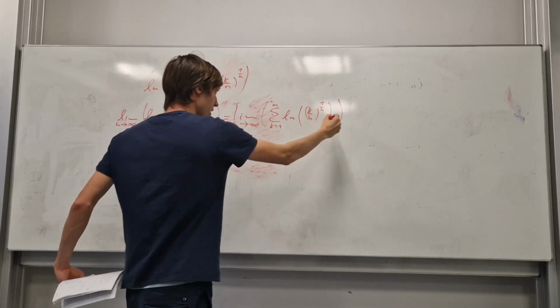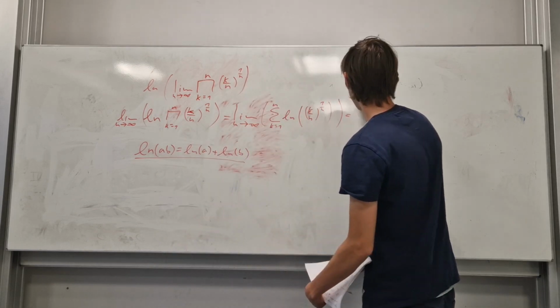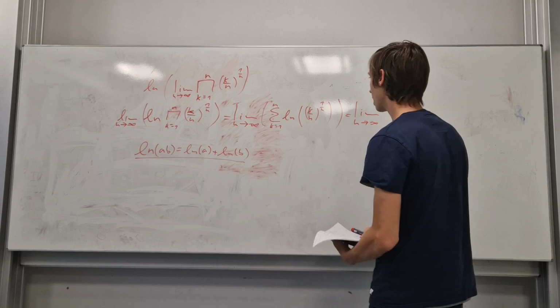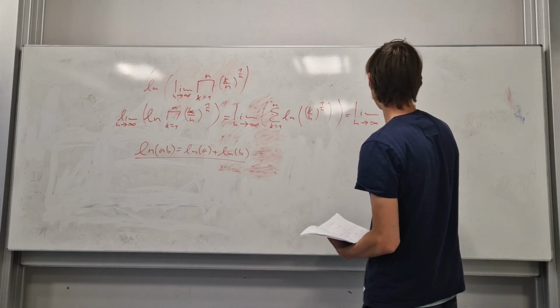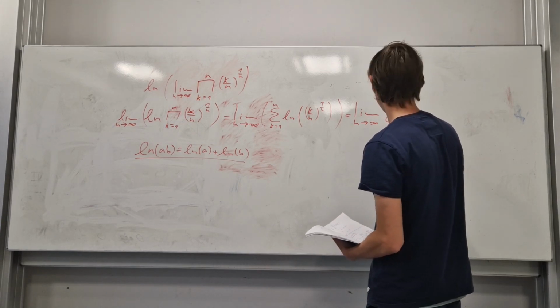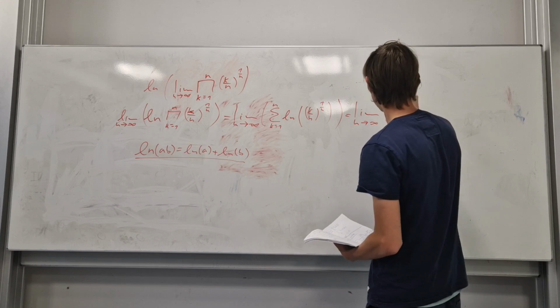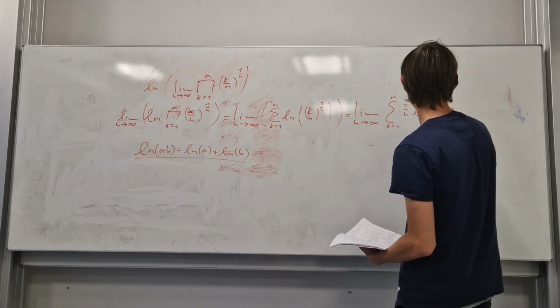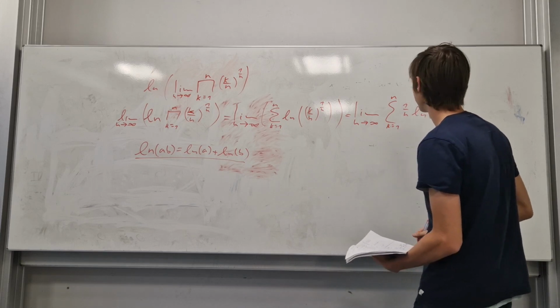So this is equivalent to rewriting once again limit n goes to infinity of the sum k equals 1 to n, and this 1 over n will go in front of the natural logarithm k over n, like this.